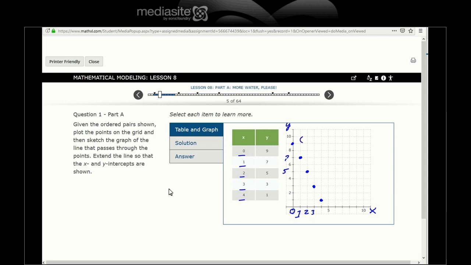So this here is coordinate point x is 0, y is 9. When x is 1, y is 7. When x is 2, y is 5. When x is 3, y is 3. And when x is 4, y is 1.